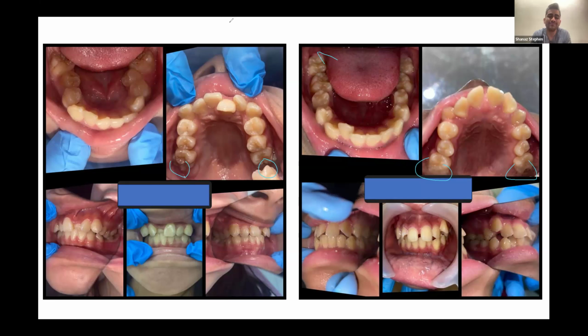From the outset, I try to train them to put their tongue to the top so that my photos are consistent. After one or two visits, by the third or fourth visit, they know what to do already, and it makes your job easier.